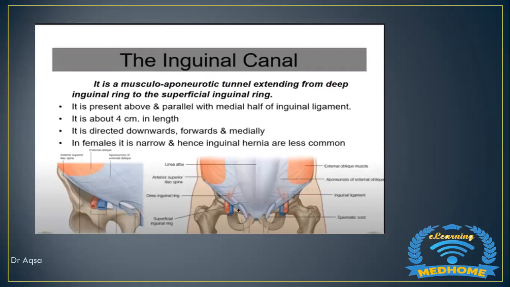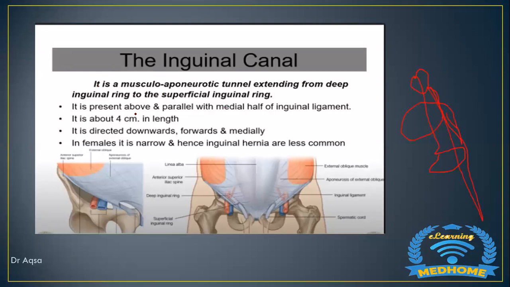If you look here, this is the deep inguinal ring and this is the superficial inguinal ring. So the distance in between both of them is called the inguinal canal. This whole space is known as the inguinal canal. Above is the deep inguinal ring and below is the superficial inguinal ring.